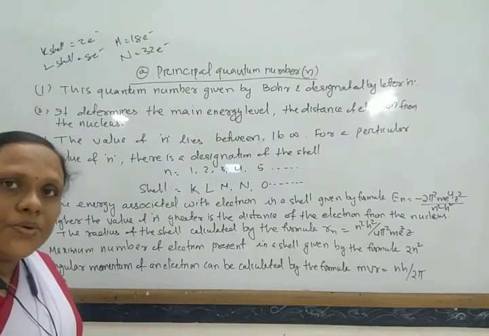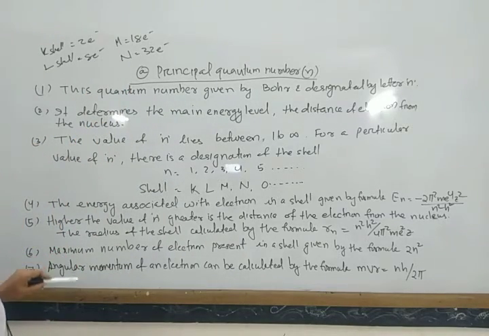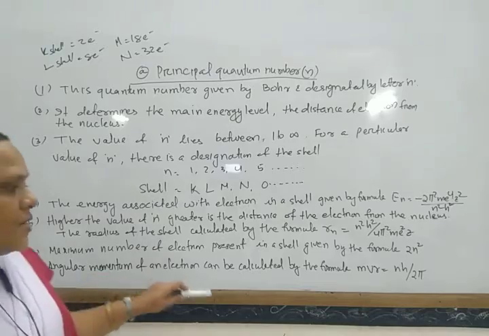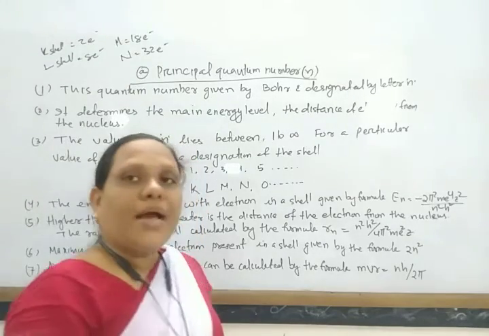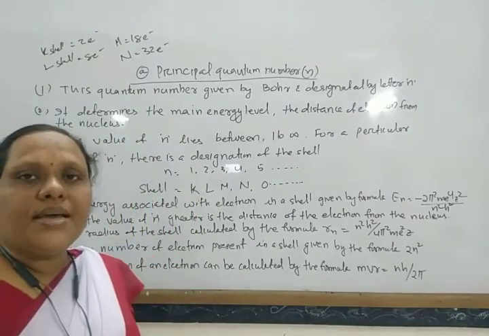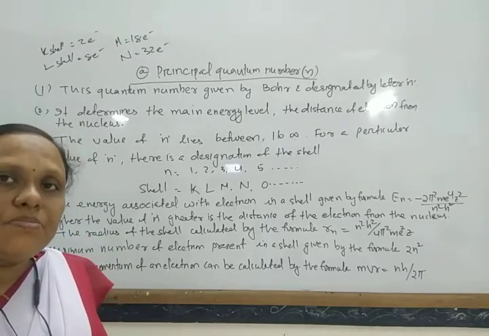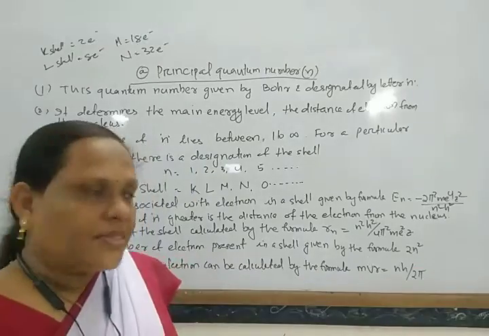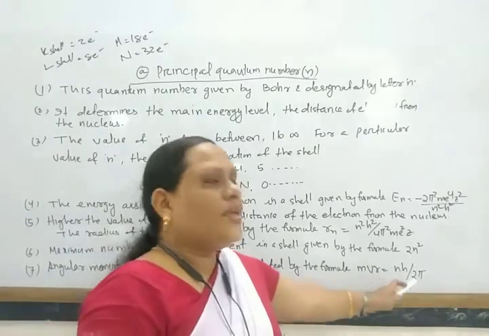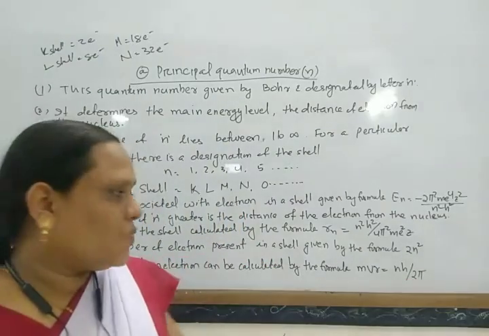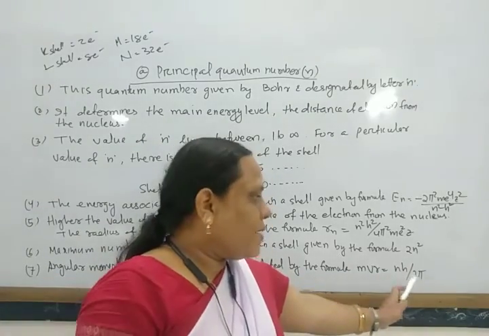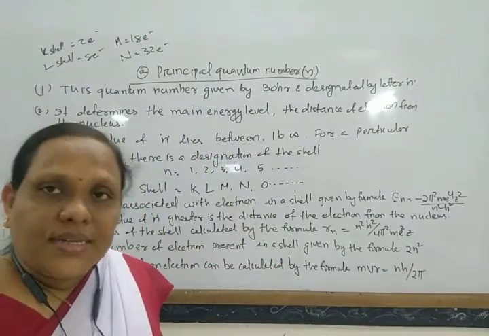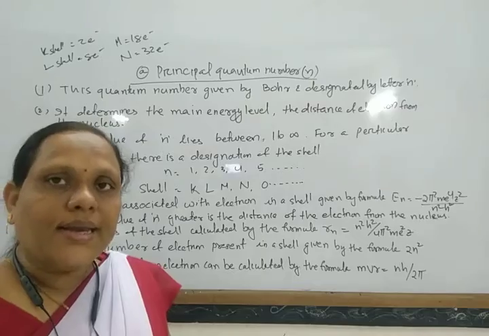And angular momentum of an electron can be calculated by the formula mvr equal to nh by 2 pi, where n represents the number of cells. If n equal to 1, then h by 2 pi. N equal to 2, then h by pi. N equal to 3, then 3h by 2 pi, like this.